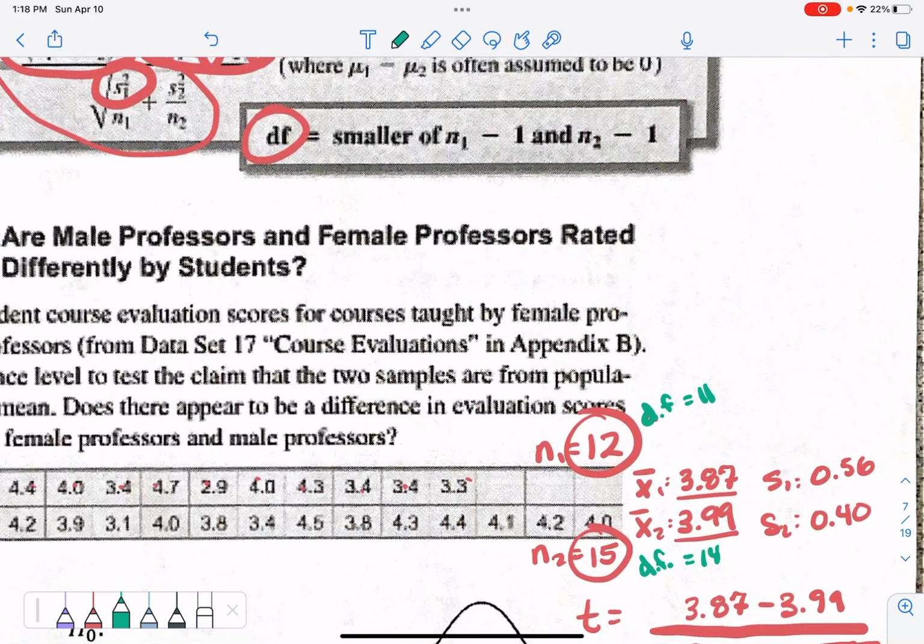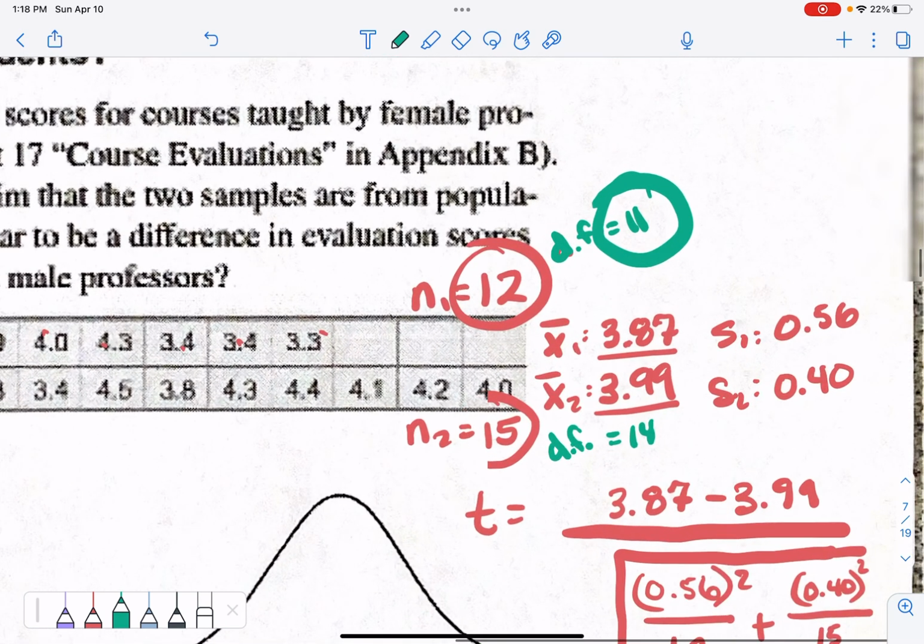The degrees of freedom will always be the smaller of the two. So we would go off of 11 degrees of freedom because we never want to assume more accuracy than we have. So when they say degrees of freedom is the smaller of the N1 minus 1 and the N2 minus 1, that's just saying find your degrees of freedom, one less than each one, but go with the smaller one. So we're not going to use 14 when we start to look things up on the chart.